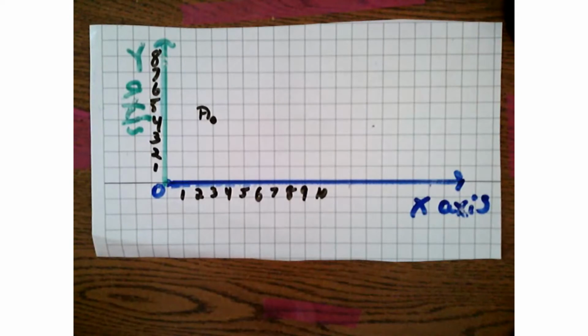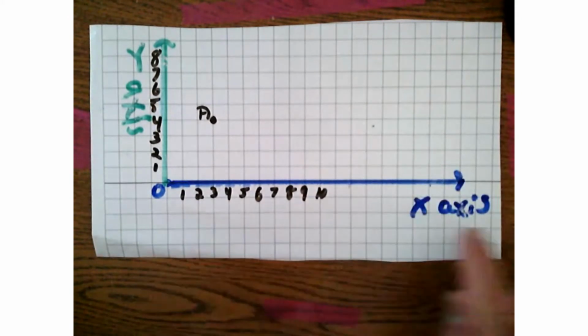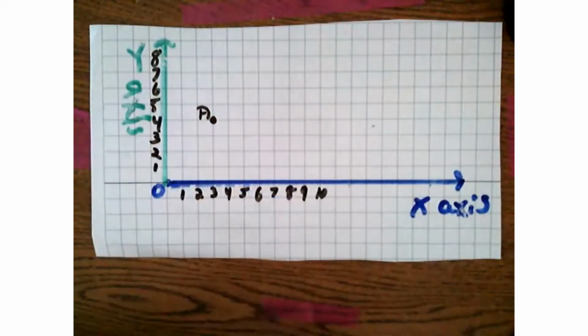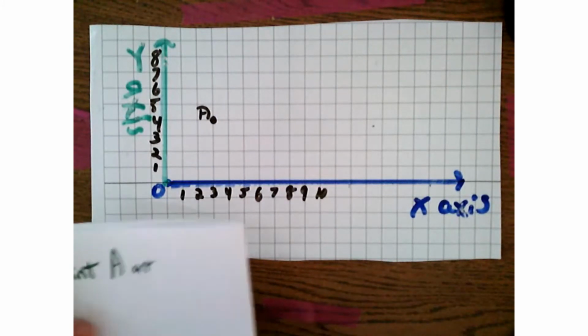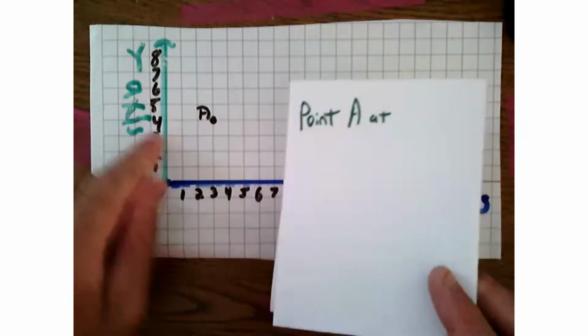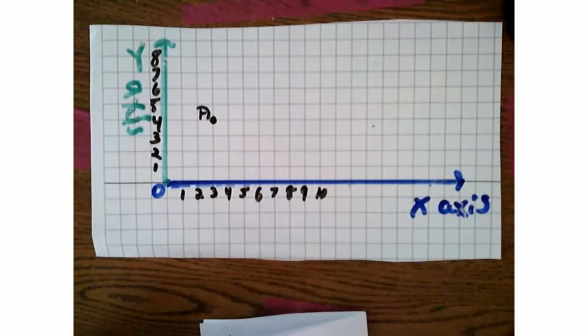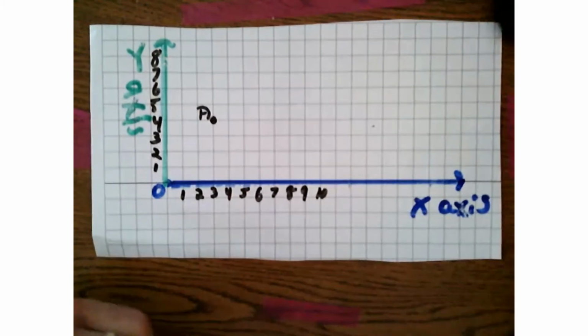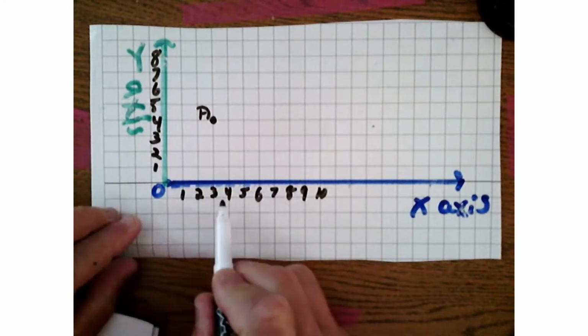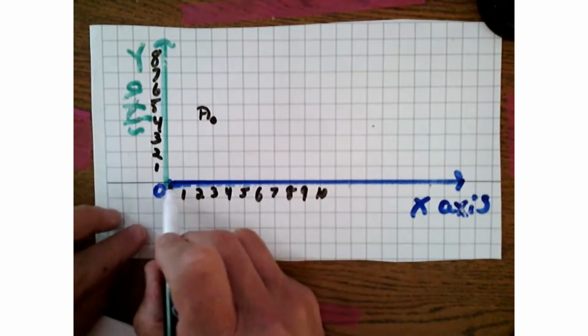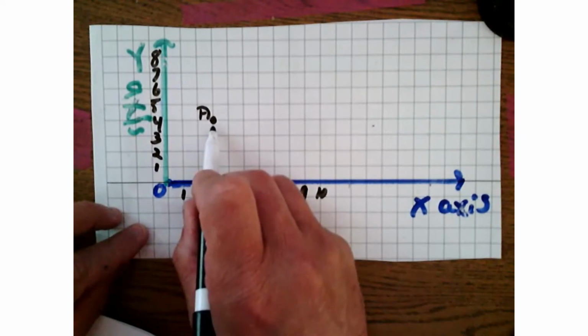Now that we have our coordinate plane all drawn and our x-axis and our y-axis and our origin, we can ask questions in several different ways. First, I could ask you, like, where is point A? So point A is at, and we just have to find this ordered pair. The way you find the ordered pair is, well, you go right, up. So you go right 3, up 4.